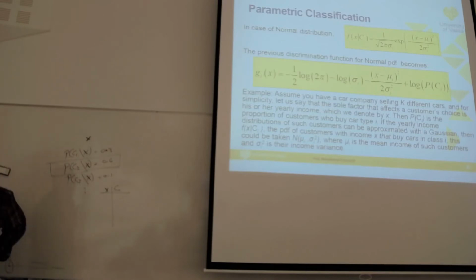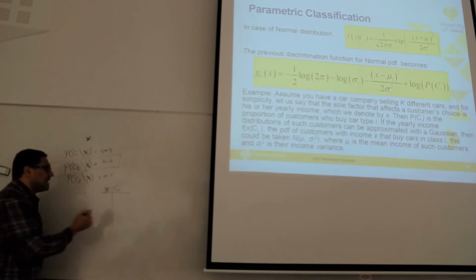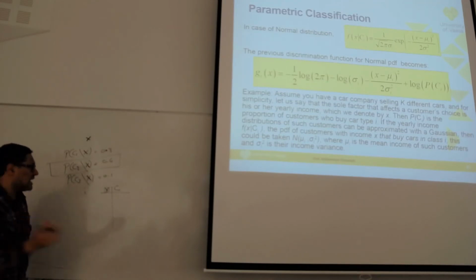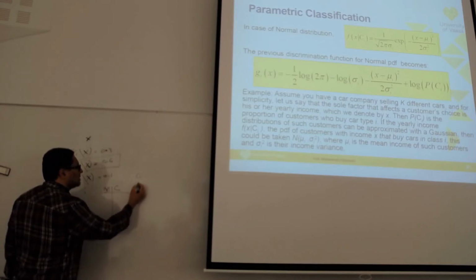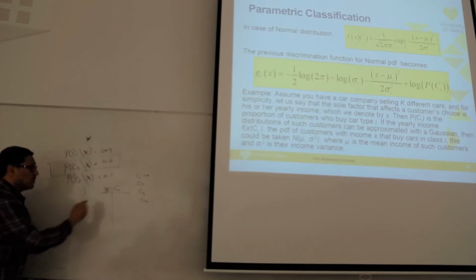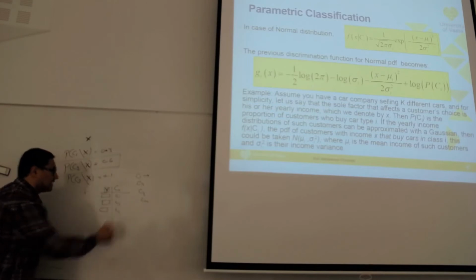If you are working in a car selling company and you have many customers in your history, assume that one of the attributes is the monthly income of the customer, and then which class of car that customer usually buys. For example, you have class 1 of cars, maybe the cheap cars, class 2, class 3, and class 4. So based on the monthly income of each customer, you have some classification.